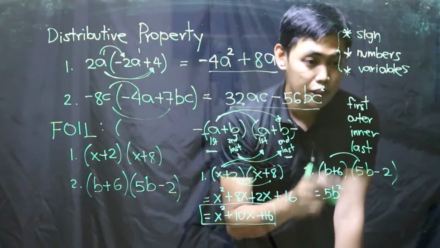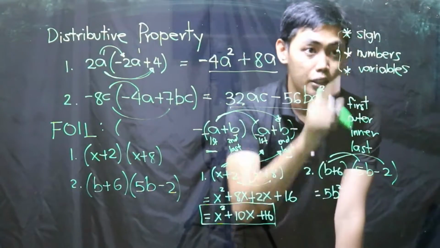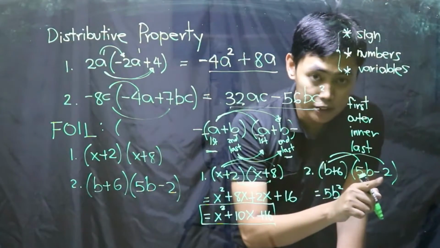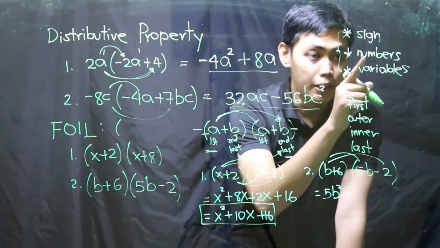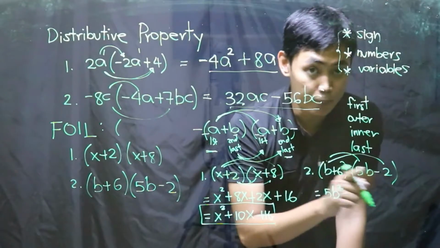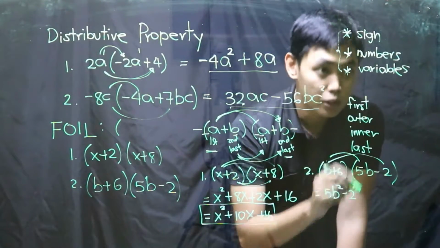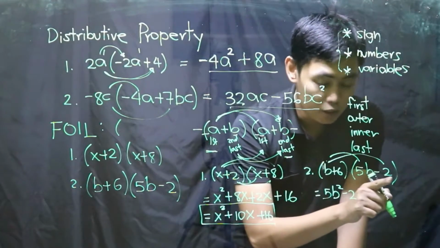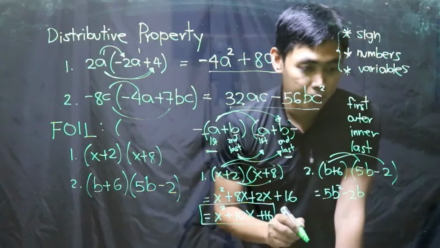Okay? Alright. So next outer. This one and that one. First sign, we have positive and negative. So our answer is negative. Numbers. No numbers. Here, we have a number here. So 2. Variables, b. No variables here. So we have 2b.